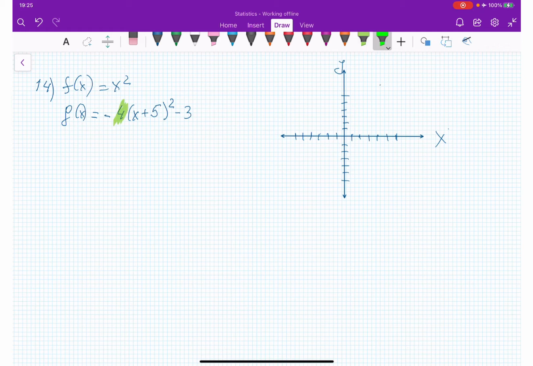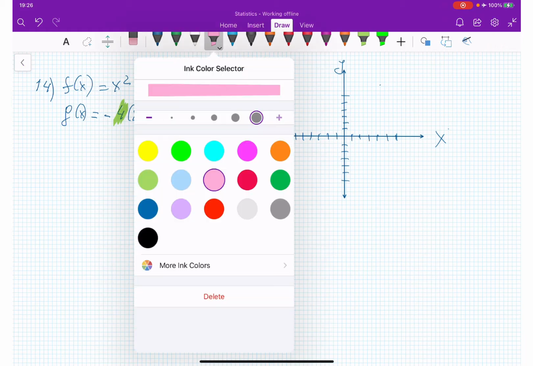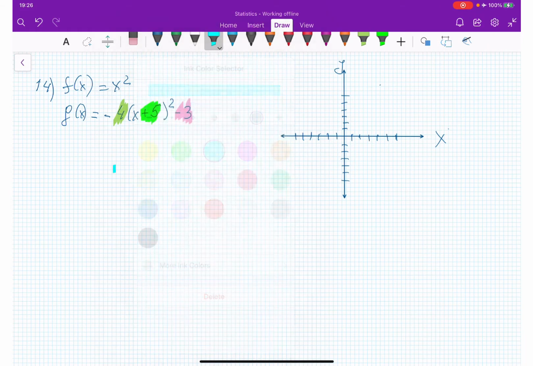Now plus 5, this is going to be change of x, which means if it's plus 5, that means x is going to change by -5, which means we are going to shift the graph horizontally to the left, and -3, which is change of y, which means we are going to move down vertically, and most importantly, this negative sign here, meaning we are going to flip the graph down, because if y was previously in completely positive y area, now it's going to flip to completely in negative area.